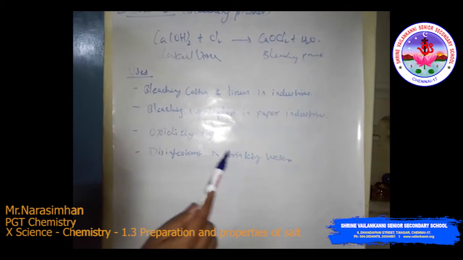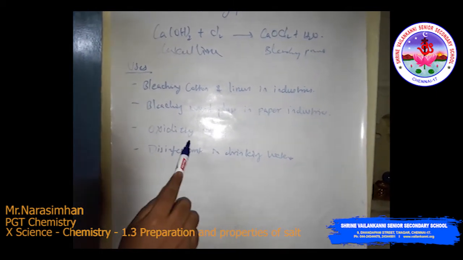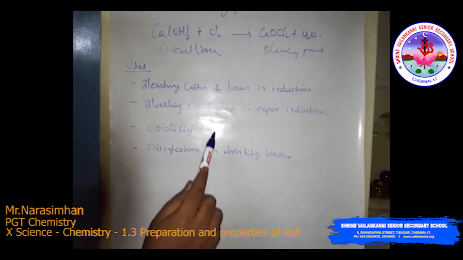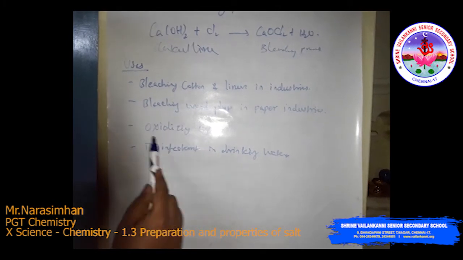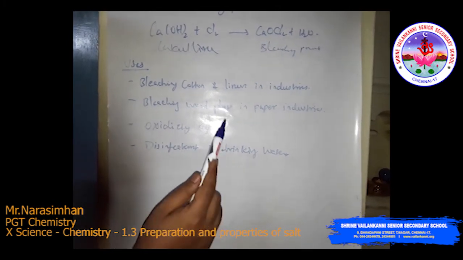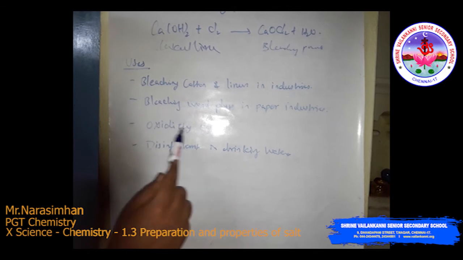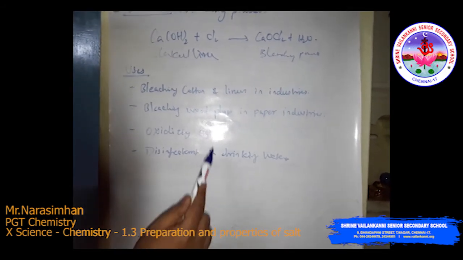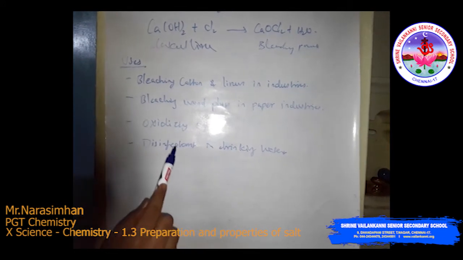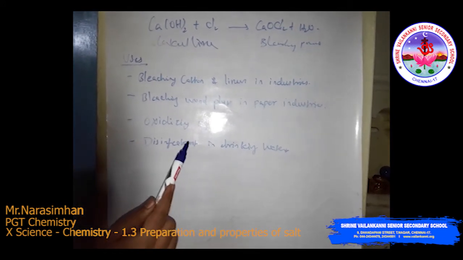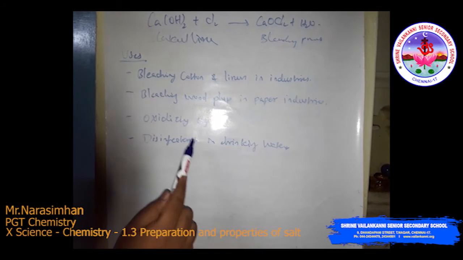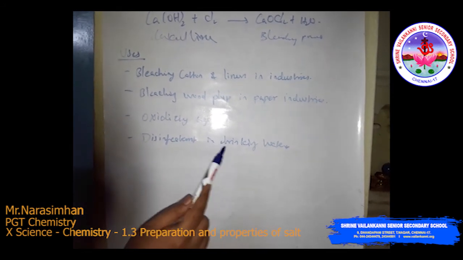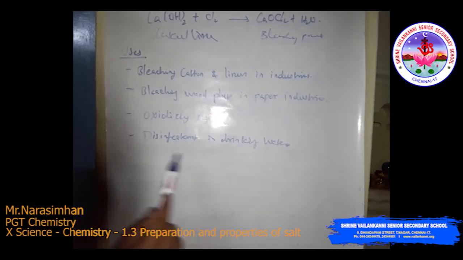Then, it is used as an oxidizing agent in chemical industries. The substance gets oxidized, so they use the oxidizing agent. Then disinfectant. For disinfecting drinking water, we use corporation water.